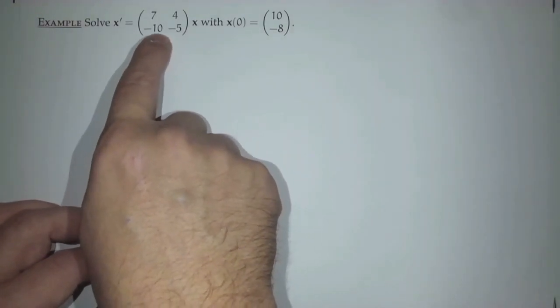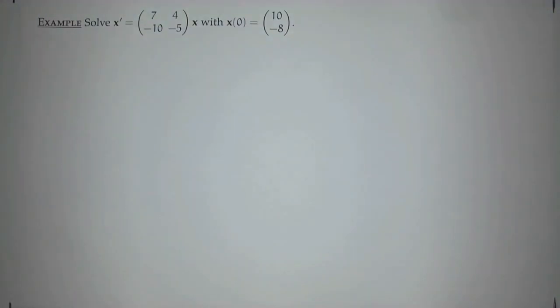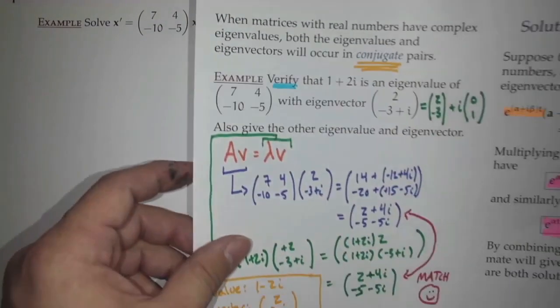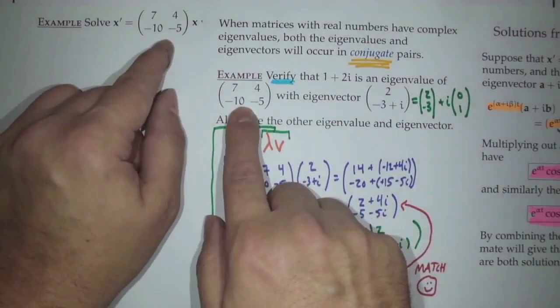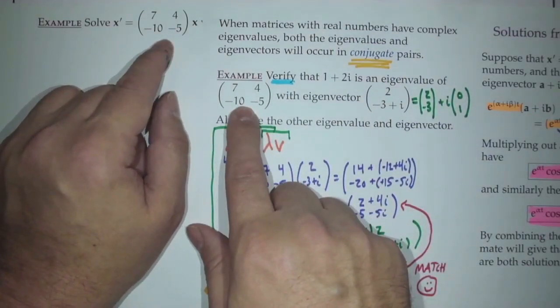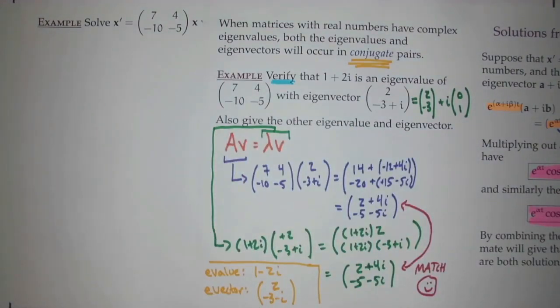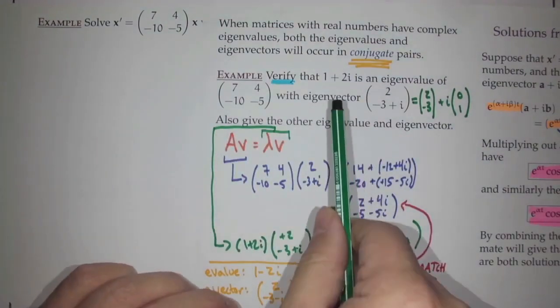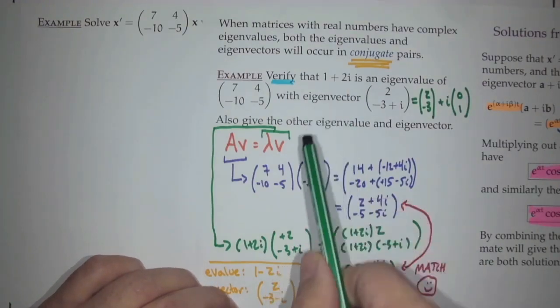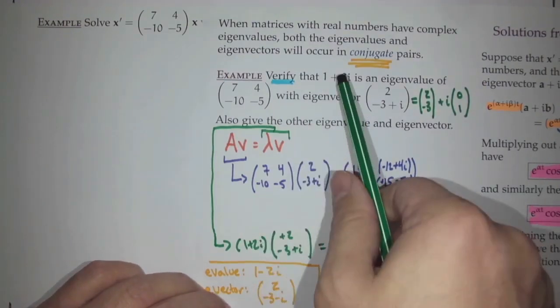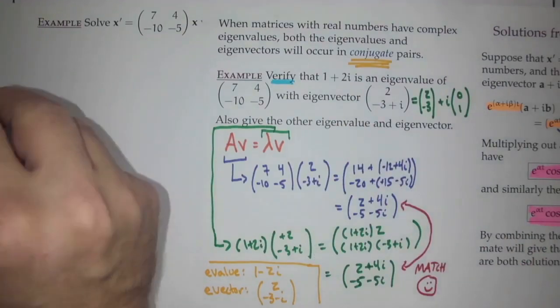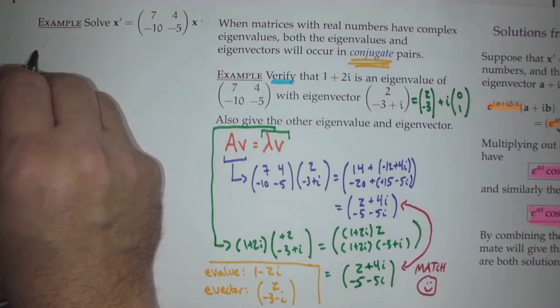Have we seen something like this before? That's the matrix we talked about before. Now, what do we know about this matrix? We know the eigenvalue. In fact, we know both eigenvalues, and we know the eigenvector. So we don't have to start from scratch, so that's good news for us.